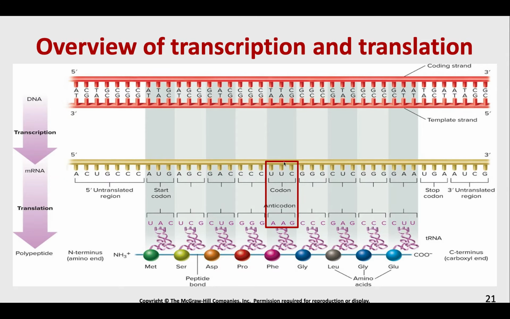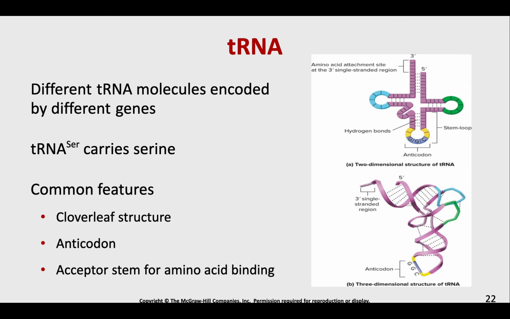Now this is important because it's the tRNA molecules that carry these amino acids so that they can be linked together to form a polypeptide. If we take a closer look at what tRNA looks like, it typically has some common features, in that we have this kind of clover shape to it. There's a part that has the anticodon, which is just 3 RNA bases.